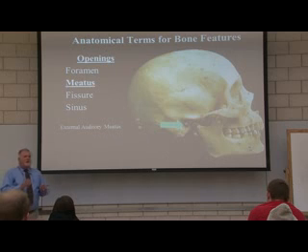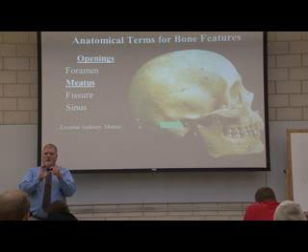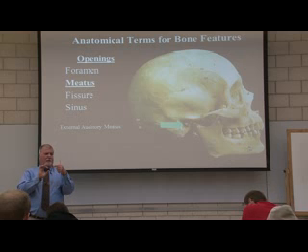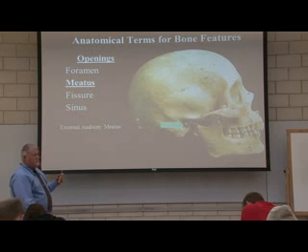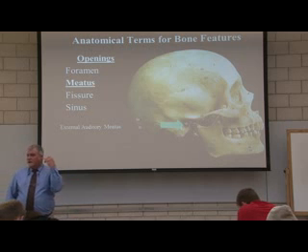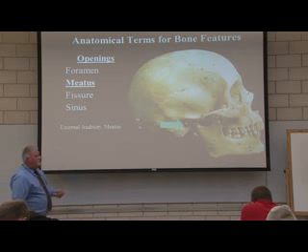So if we wanted to denote a hole that looks more like a tunnel, then we convert the word from foramen, which just simply means hole, to meatus. And then a meatus is a reference to a canal or a tunnel. And so the hole that goes into our inner ear is technically a meatus.